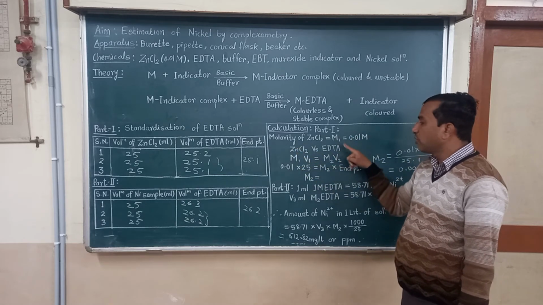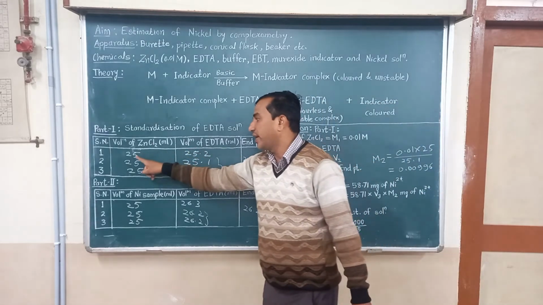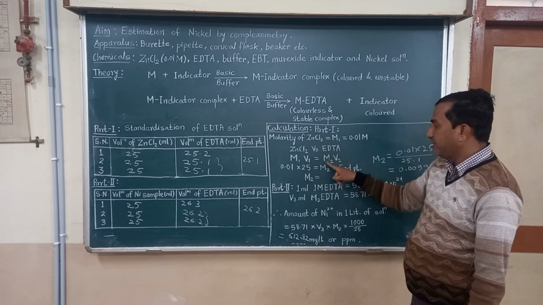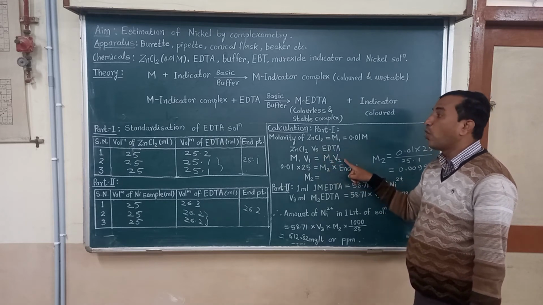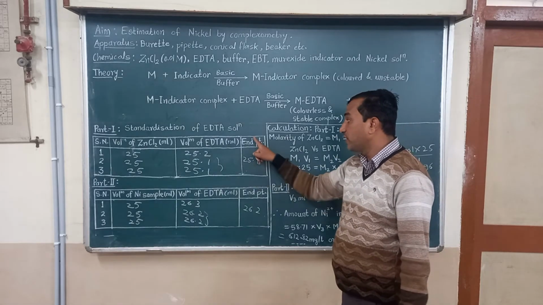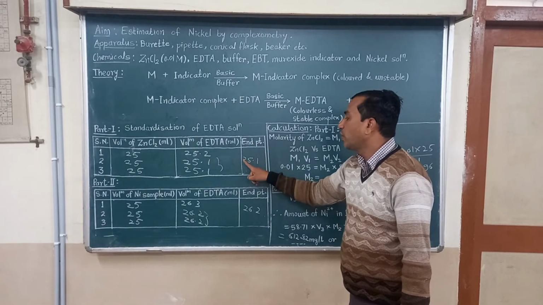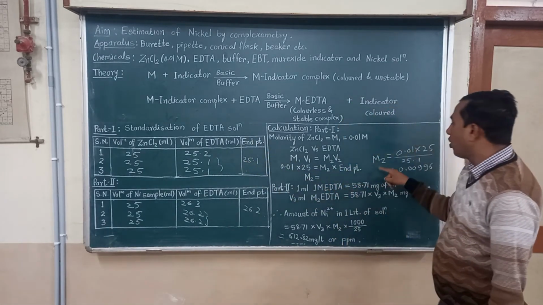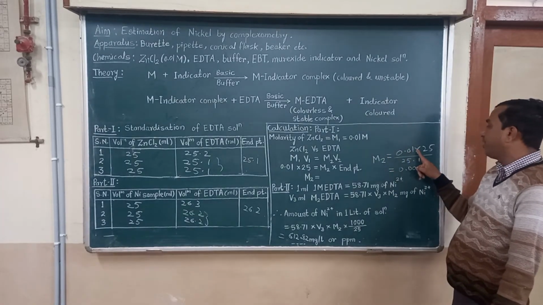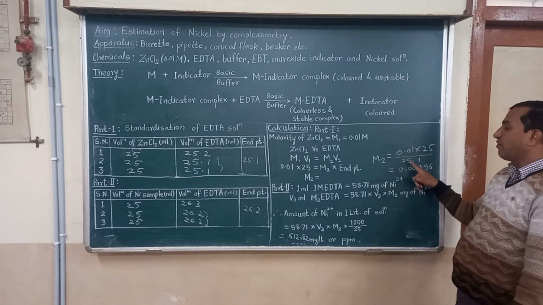V1 is the volume of zinc chloride, taken as 25 ml. M2 is the molarity of EDTA and V2 is the volume of EDTA, the first burette reading, that is the first endpoint, 25.1.